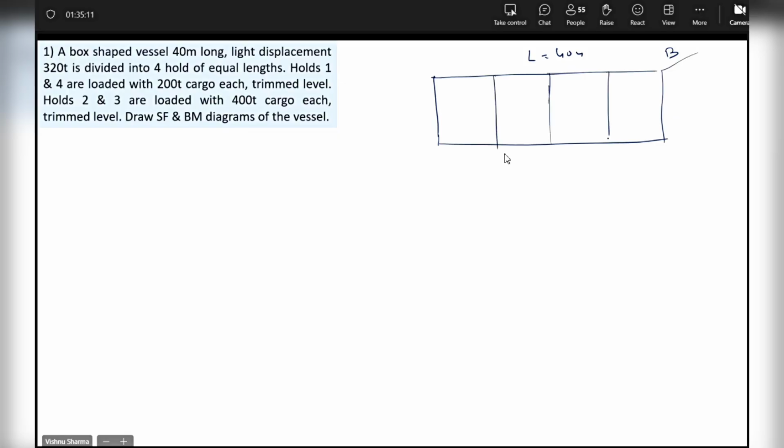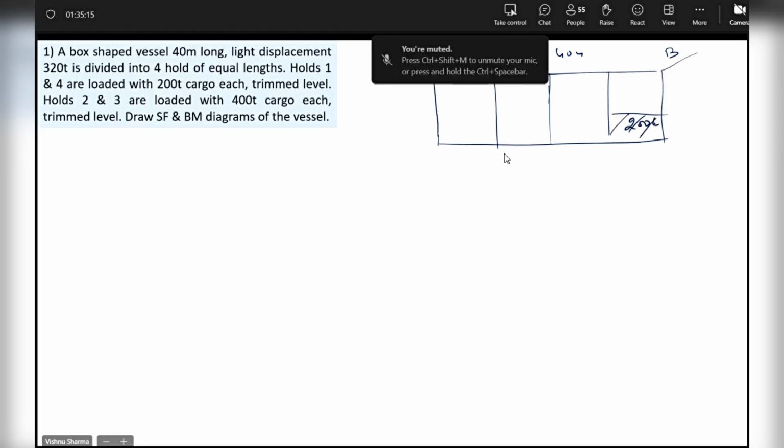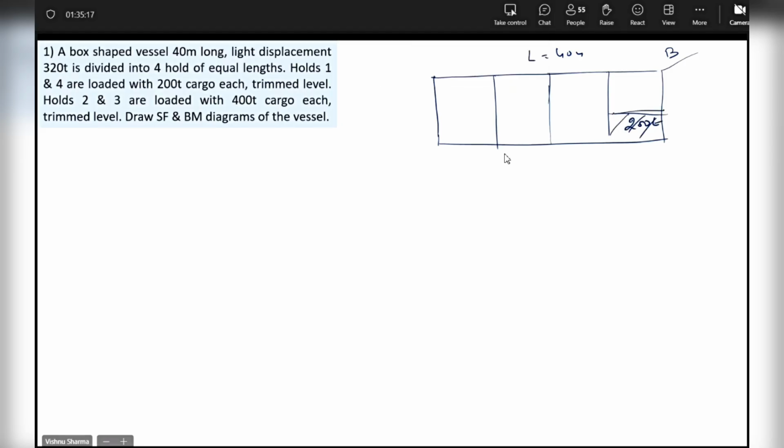Divided into 4 holds: 200 tons, and since it's trimmed level, it will be 20 tons per meter. 400 tons, 40 tons per meter. 400 tons, 40 tons per meter. 200 tons, 20 tons per meter.